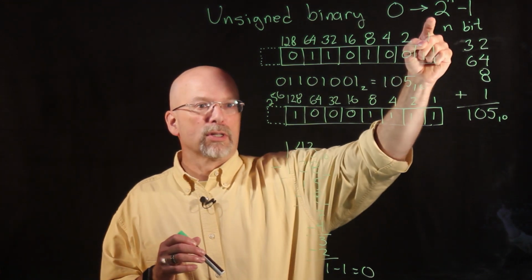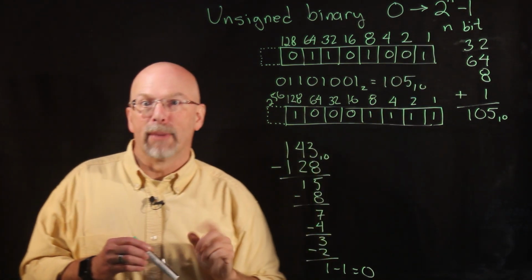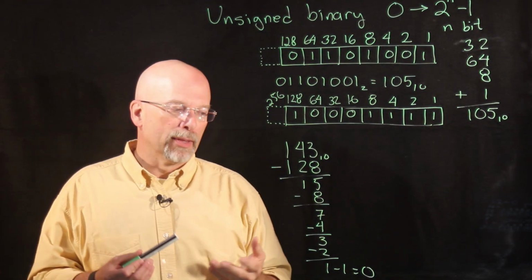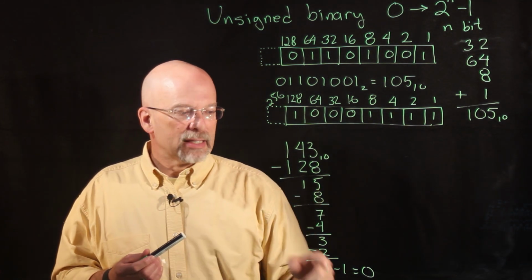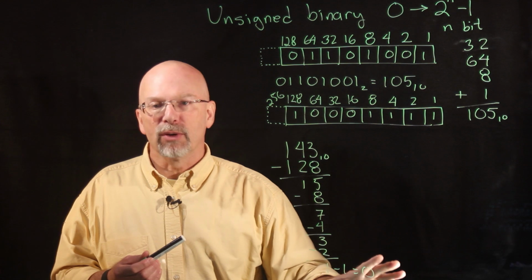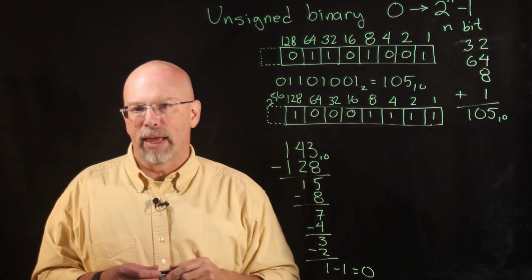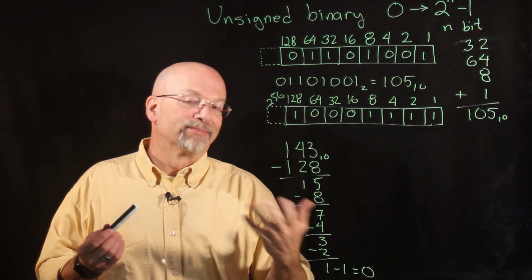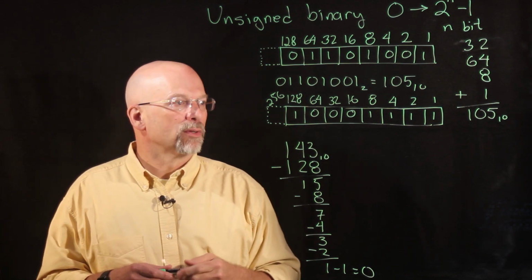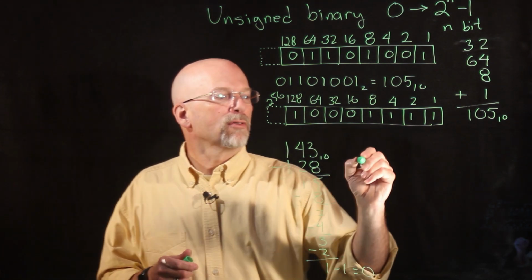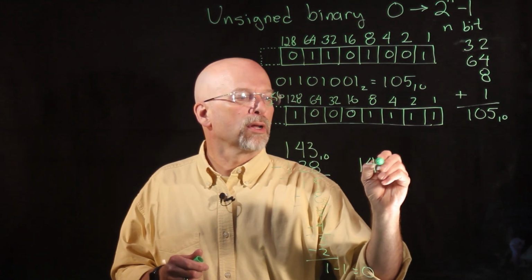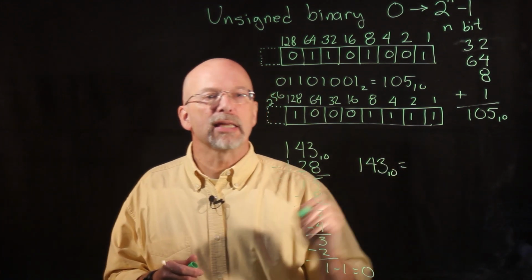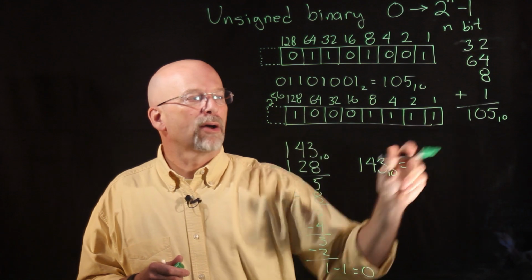And remember, we can use this expression up here, 2 to the n minus 1, in order to determine that. The second thing is that maybe there was a mathematical error. Maybe we did the subtraction wrong. If we did the subtraction wrong, that's a pretty easy fix, right? Just redo the subtraction.